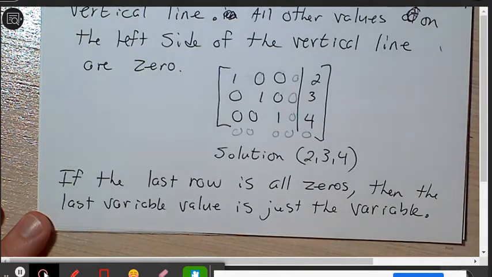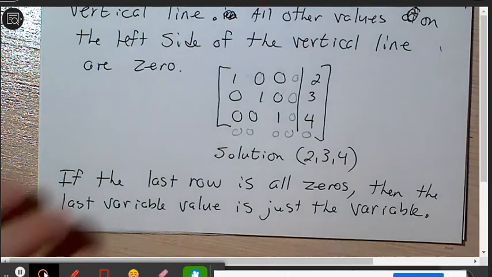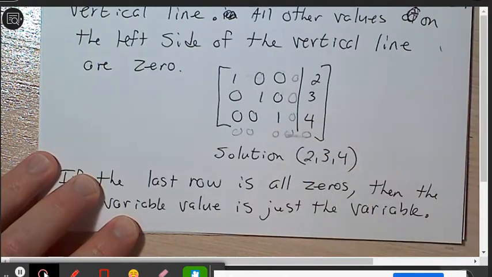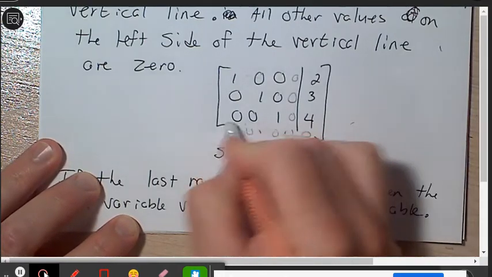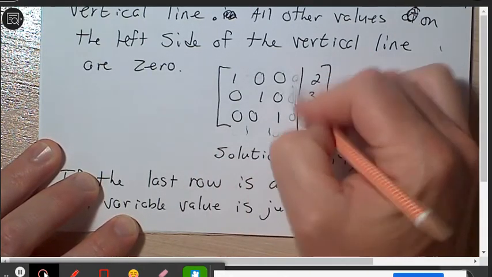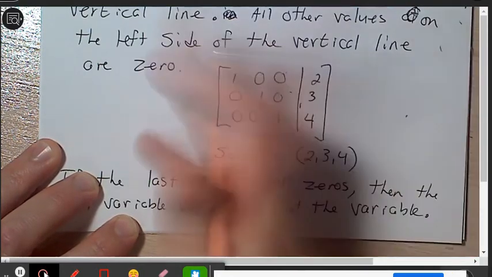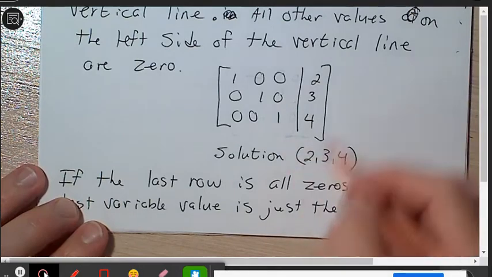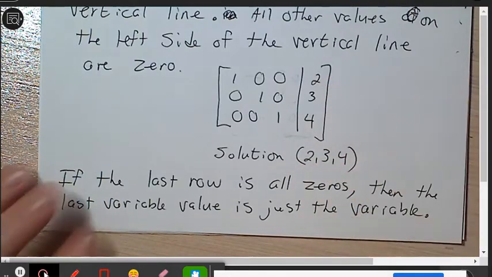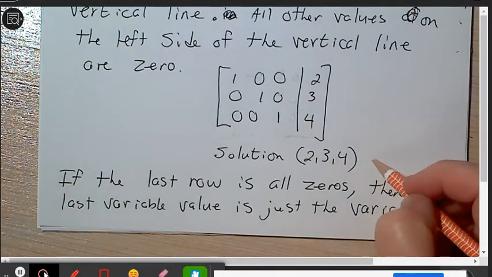Okay, so if we had something like that, I'll give you a better example of it here in a second, just to give you an idea. If we had something like that put in here, x, y and z would have been 2, 3, and 4, but then this last value would have been a W that would have been here.